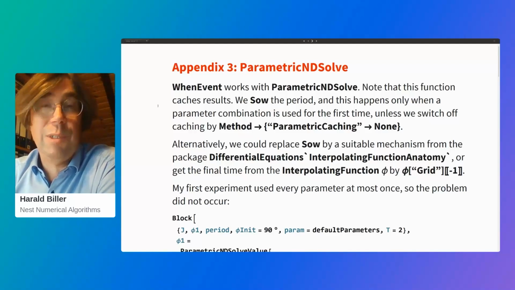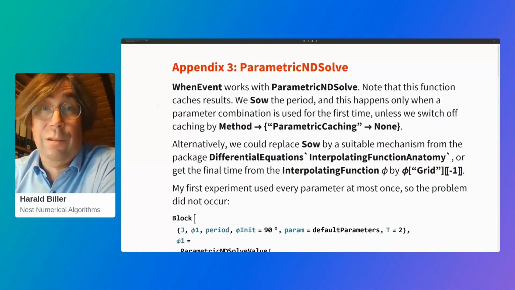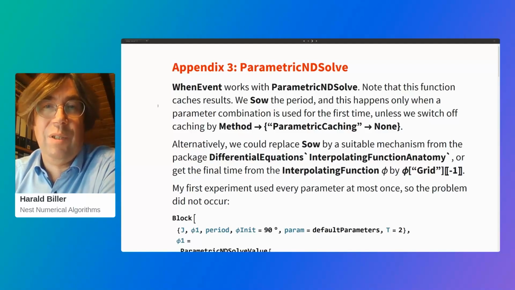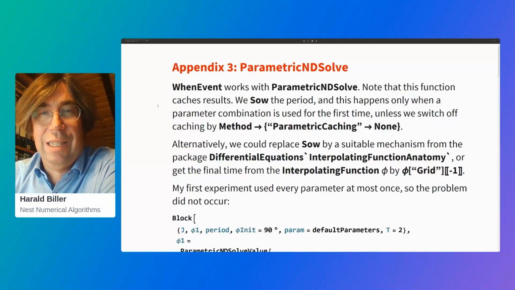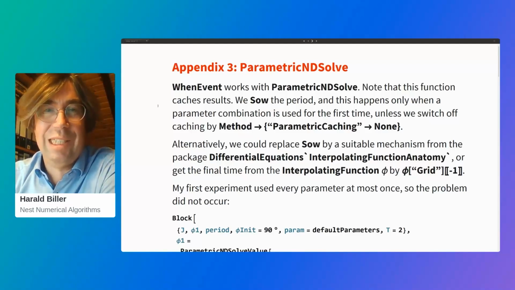And I was not aware that events work also in ParametricNDSolve. I mean, depending on the parameter, the time interval varies, and I think it's not obvious that that's working, but it's working. Again, it's another example that the whole system just works when you plug things into each other. That's also nice to see.